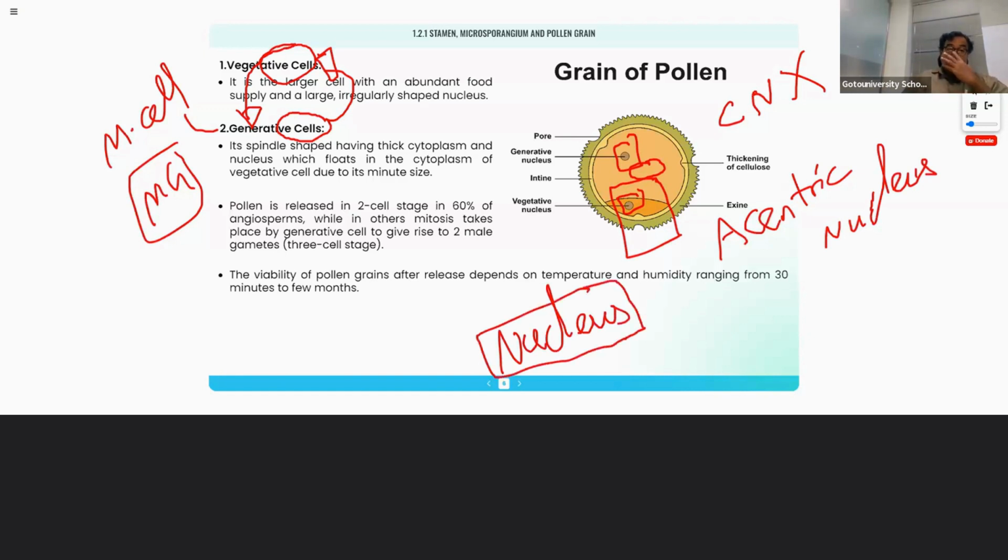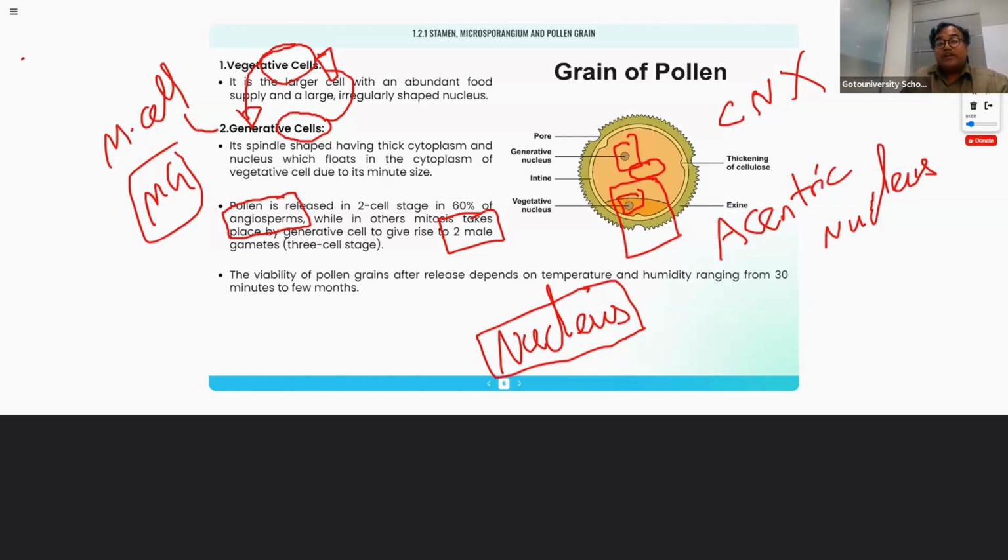Now we need to understand that the male gamete is formed by the generative cell, which we already told you long back. This information we are narrating is for angiosperms. The word pollen grain can't be used for thallophyta, that means algae, nor for pteridophyta, nor for bryophyta. Then where can I use it?